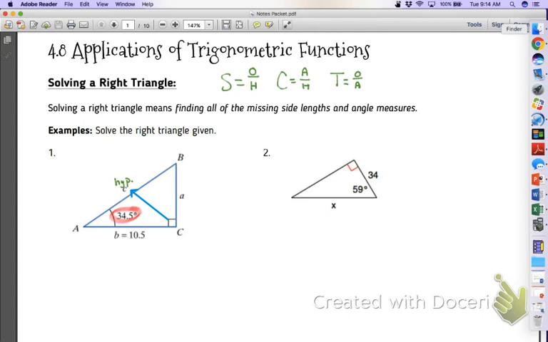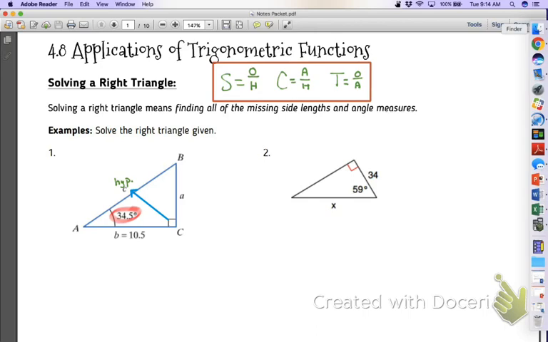Whenever we find side lengths, if you find two of the three, you could do Pythagorean theorem, but I want to stay away from using it because I want to use the side lengths that they give me. We're going to have to round values, and I don't want to use Pythagorean theorem with values that I had to round. So always use your trig functions: sine, cosine, and tangent.